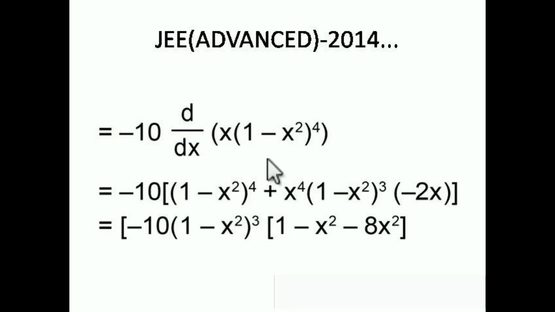Now again differentiation of this. So we have to apply the multiplication rule. Taking (1 minus x square) raised to 4 as a constant, the differentiation of x is 1, plus x as a constant, and the differentiation of (1 minus x square) raised to 4, that is 4 (1 minus x square) raised to 3 into minus 2x again.